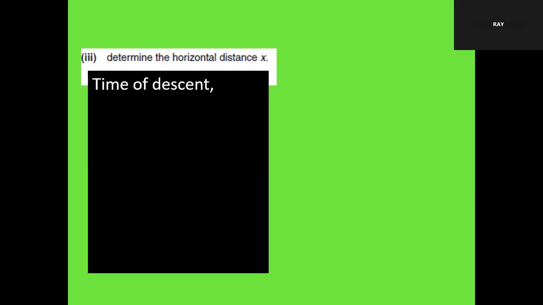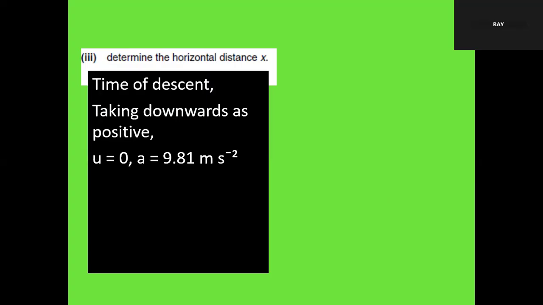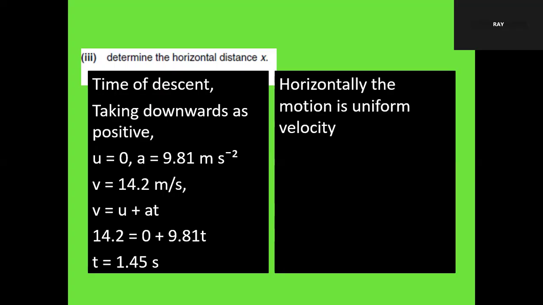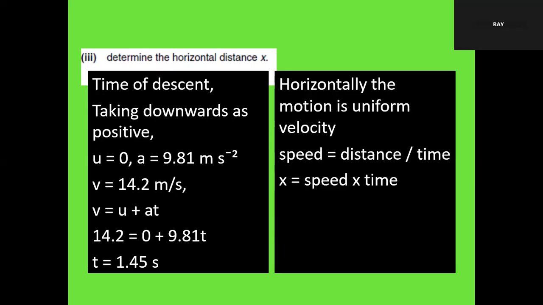Consider vertical motion, time of descent. Taking downwards as positive as usual, write down what is given: U equals 0, A is 9.81, V is 14.2. Choose the right formula and calculate the time. From there, we can calculate the distance. Uniform velocity horizontally, right? Speed is distance over time, so distance is speed times time. Okay or not?